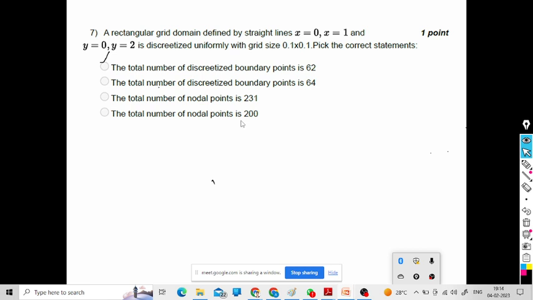So you will get this A. Okay. Just try to solve this. Are you getting A?